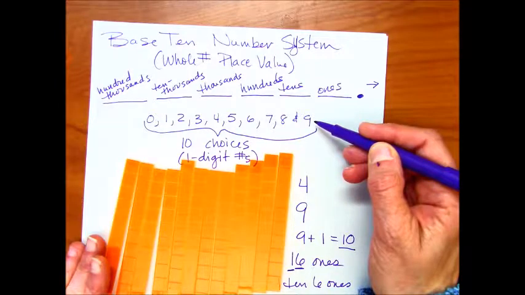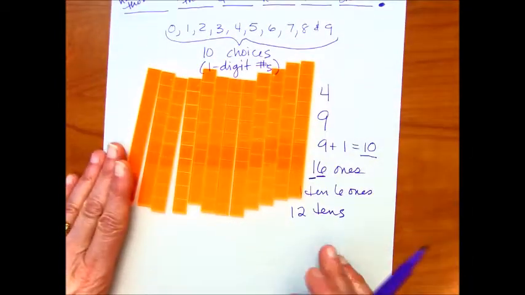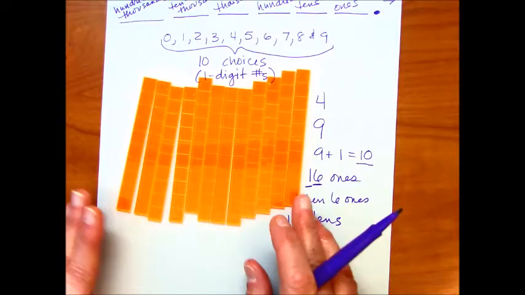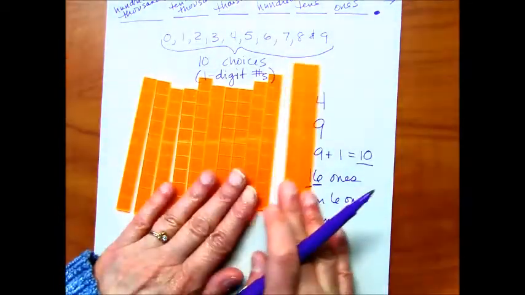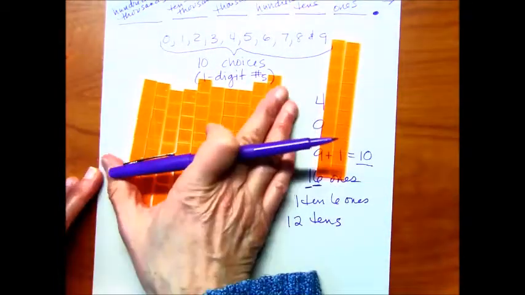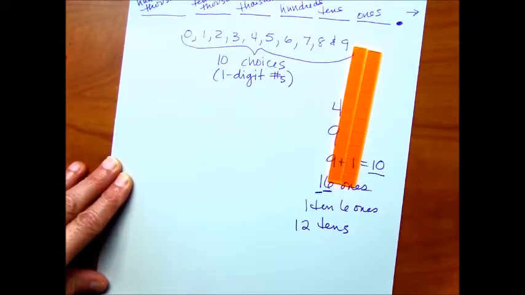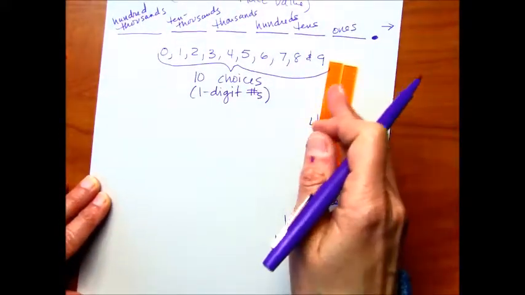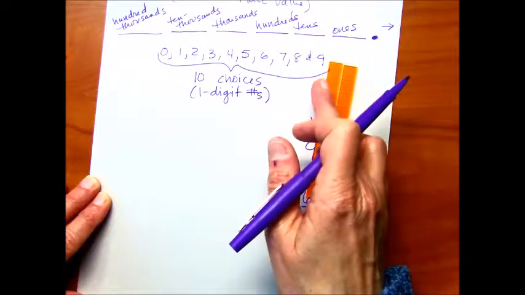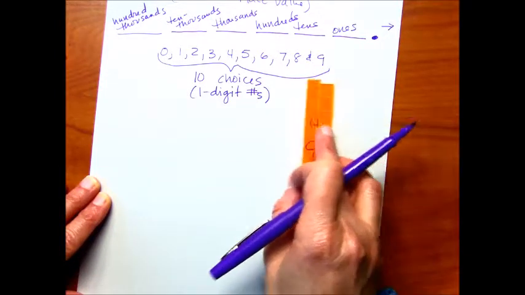I only have 0 through 9. So I want to trade in 10 of those tens. I'm going to take away 10 tens because I can only really have up to 9 tens. 9 tens is okay, but then that would leave me 3 tens left.